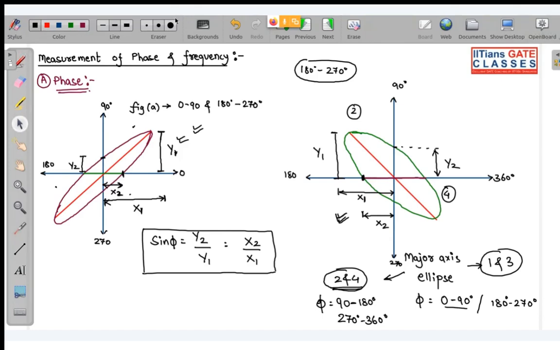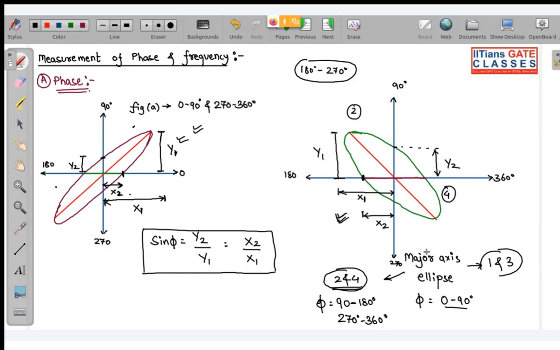So I have made a mistake. Very good, Shishir, that you rectified my mistake. So when your major axis is lying in your first and third quadrant, it is 0 to 90 or 270 to 360 degree.